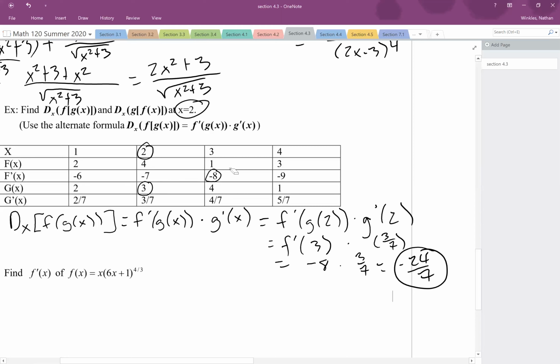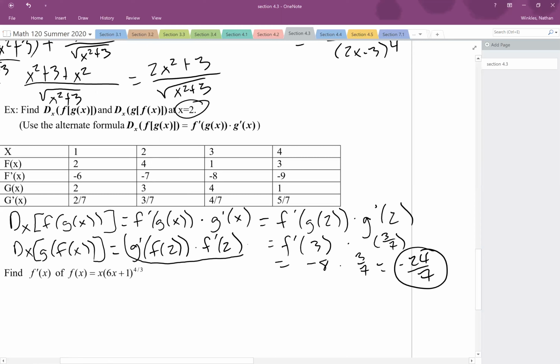Well, it also said do this in a similar way. It wants us to do the same thing for g. So d sub x of g composed of f of x at 2 would be g prime at f of 2 times f prime at 2. So f of 2 is 4.